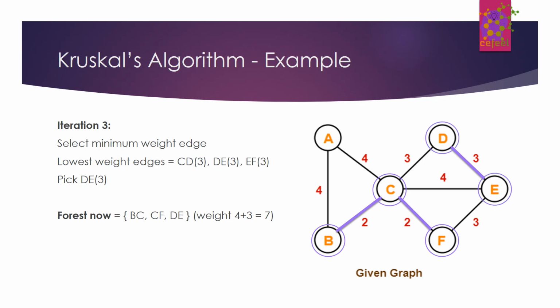Moving on, in iteration 4, the next few edges are CD and EF, which have weight 3, and we need to choose one of them. And if you notice, at this stage currently we actually don't have a tree, we have a forest.